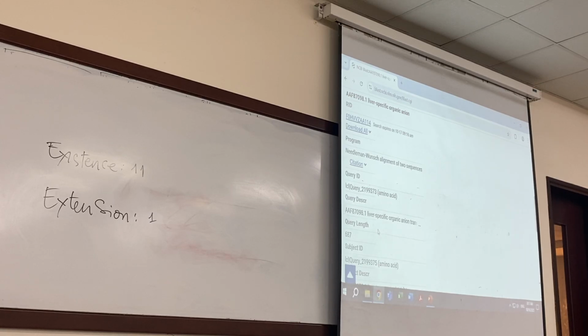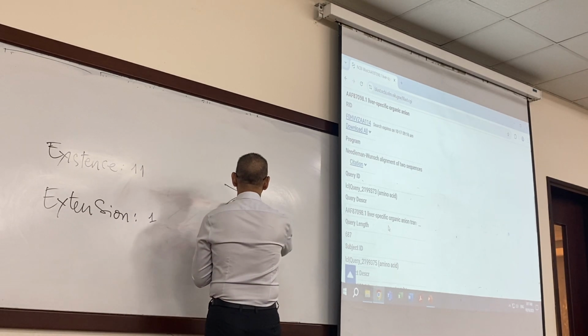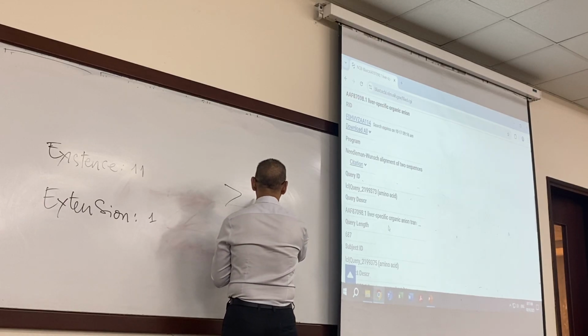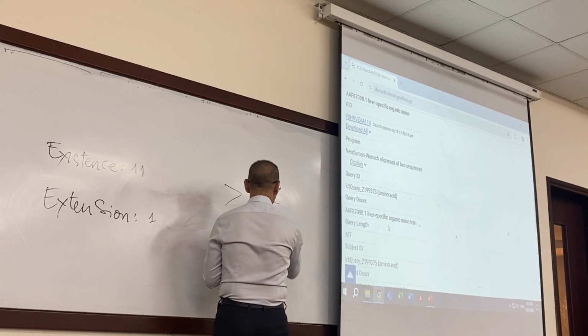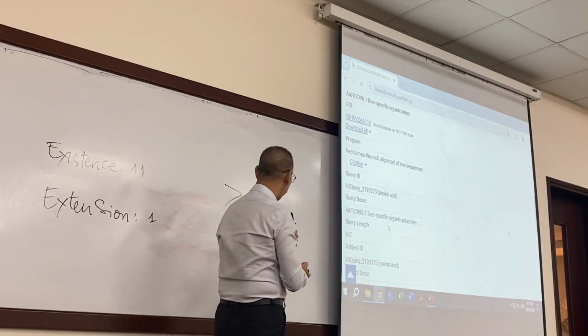Okay, and you already know the FASTA format: the first line is the header with a short description, and after that follows the sequence.